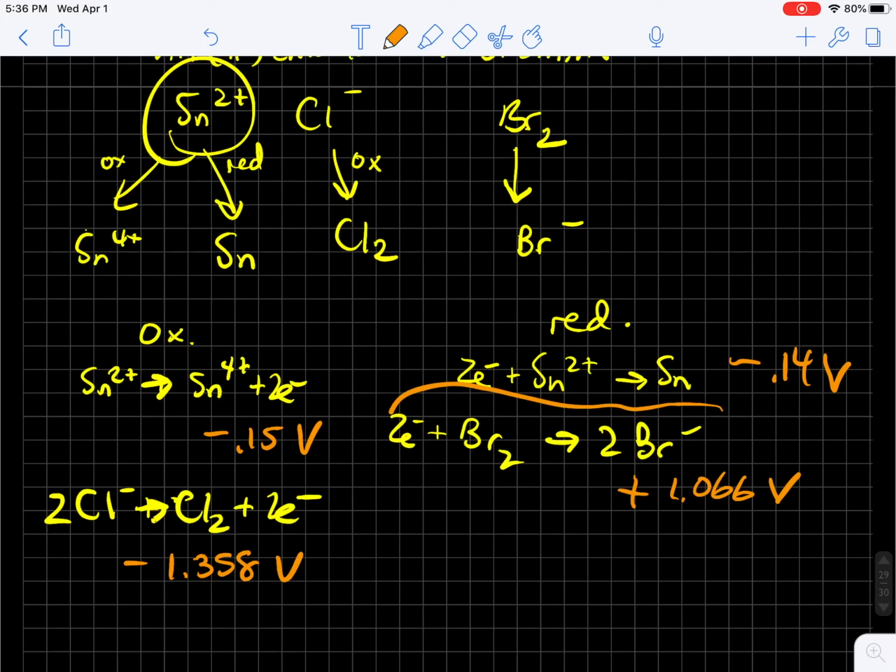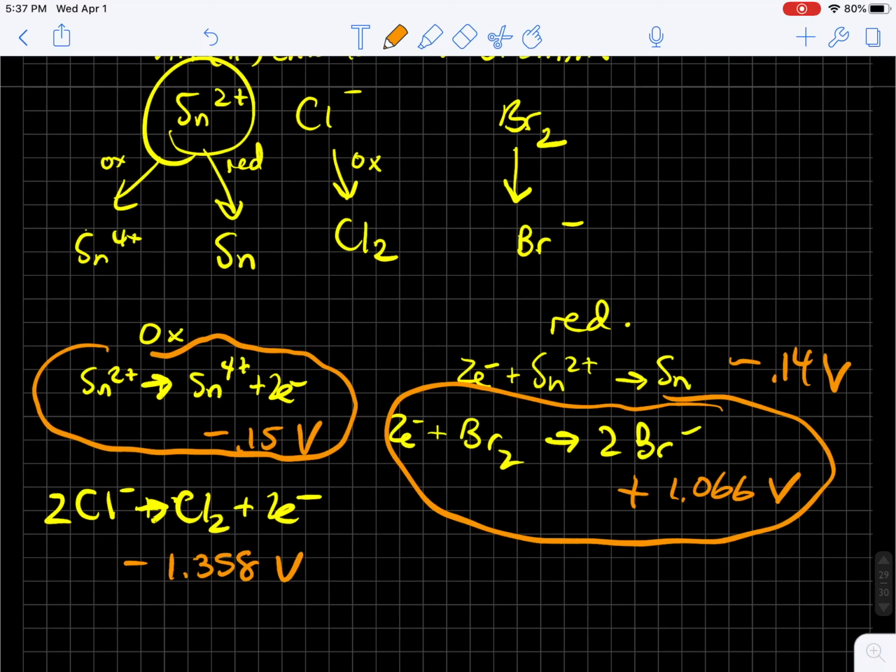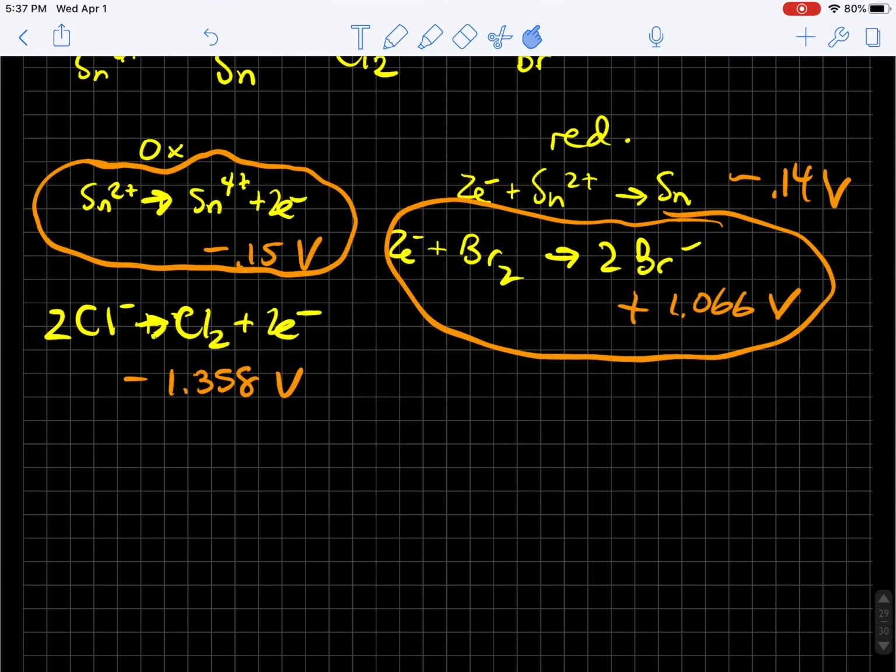All right, so we have to pick the driving force here. The driving force is the reduction of bromine to bromide. And that means between the 2 oxidations that can occur, we pick the one that has the least amount of resistance to oxidation, which is tin 2+ becoming tin 4+.